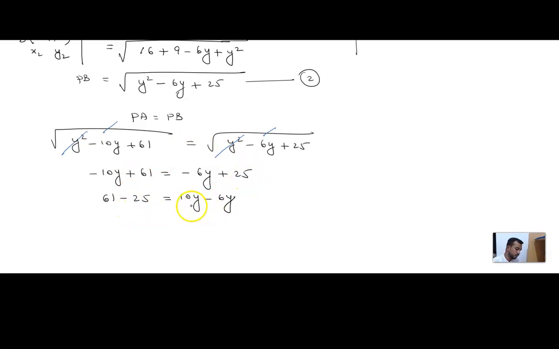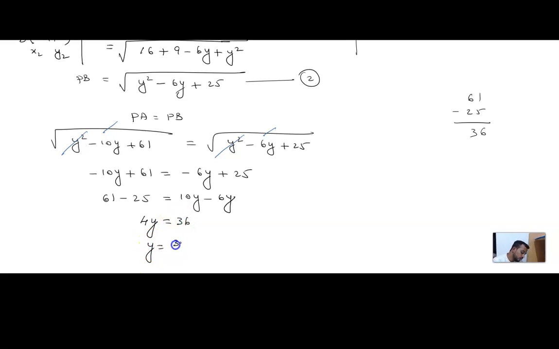Minus 10y comes to this side, it becomes plus 10y, plus 25 comes to the LHS, it becomes minus 25. So 10y minus 6y, 10 minus 6 is 4, that is 4y is equal to 61 minus 25. 1 minus 5 doesn't go, so 11 minus 5, how much is 11 minus 5? That is 6. 5 minus 2 is 3. Are you getting, children? Yes. 4y is equal to 36.